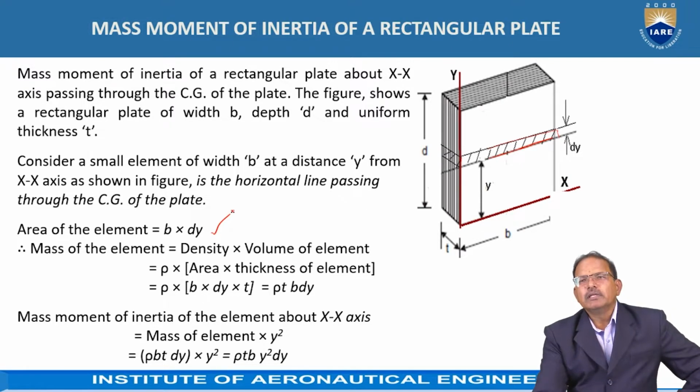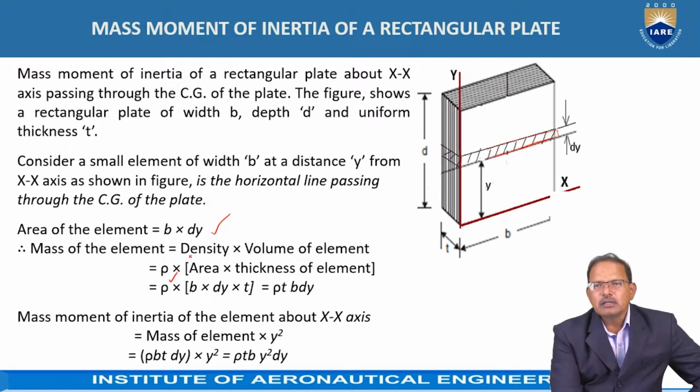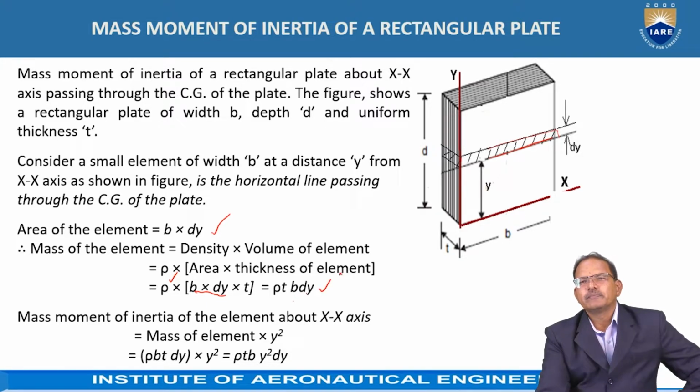Let rho represent the density of the material and t the uniform thickness. Hence the mass of the strip is equal to density multiplied by the volume of the material. Volume is equal to area into thickness, b dy into t, so mass is rho t b dy. The mass moment of inertia of that element strip about the x-axis is given by mass multiplied by the square of the distance.